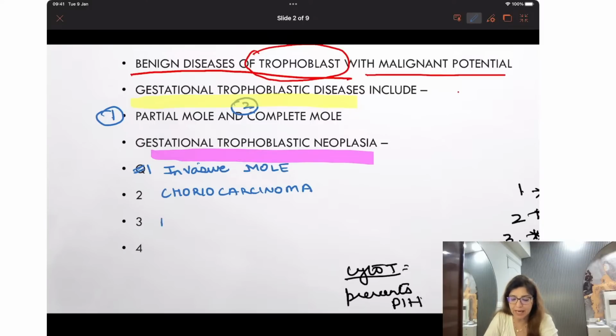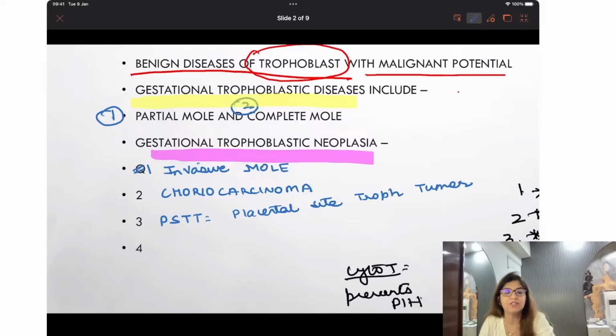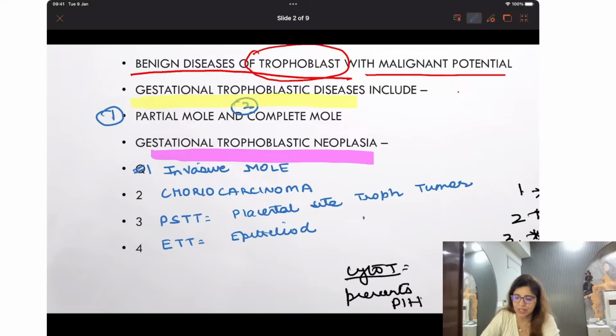Then PSTT, placental site trophoblastic tumor. And ETT, epithelioid trophoblastic tumor.